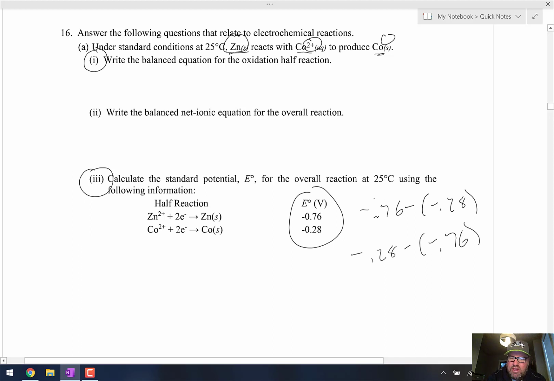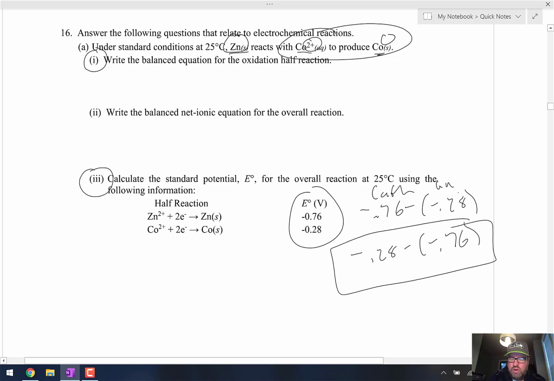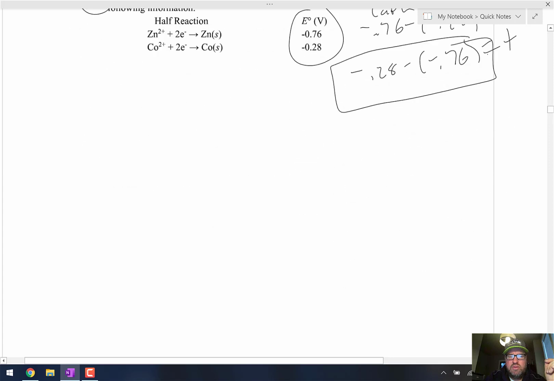And remember, it's cathode minus anode, or reduction minus oxidation. We know that the cobalt was the one being reduced, so it does need to be this one. Partially because we already knew that, but at the same time, we also know because that's the one that gives you a positive answer.